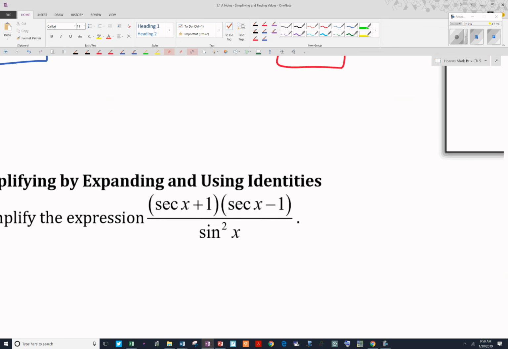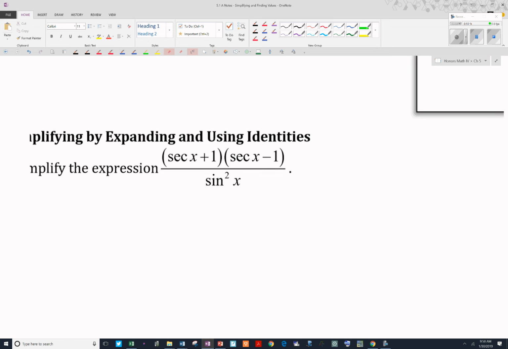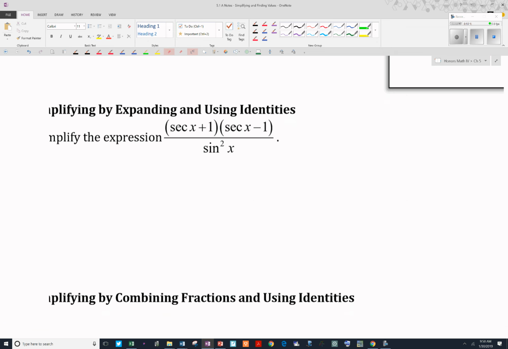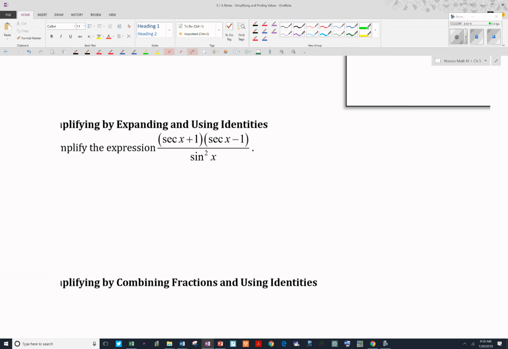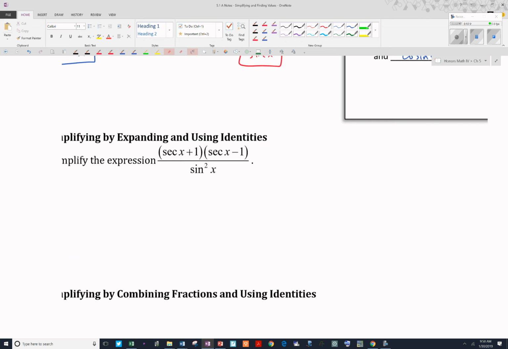Like in this case, we're going to do a little bit of foiling here. I don't know why this is being so goofy right now. I'm sorry. So if you notice, and actually it's related to factoring. Hold on, this thing is not even letting me write out it anymore. I'm going to close it down real quick. Maybe I'll pause the video, fix it.